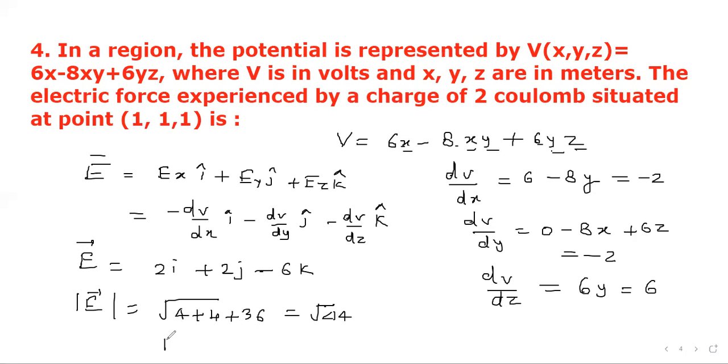And we know that F equals QE. Here Q is given as 2 coulomb in the question. So 2 times root 44. 2 we can take common, so it will be 4 root 11 Newton, which is our answer.